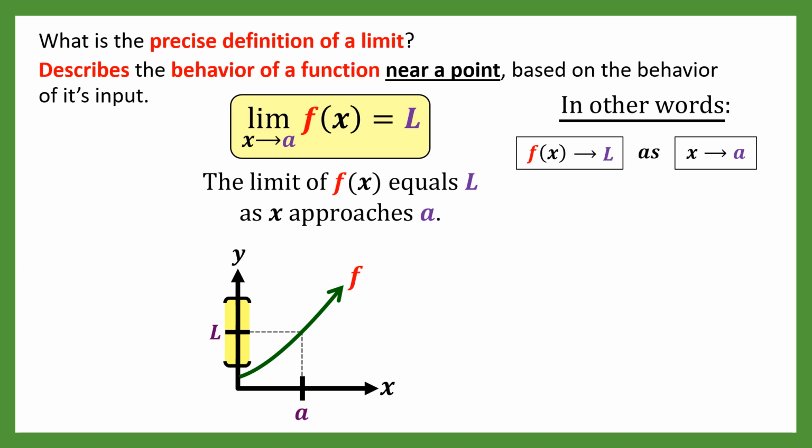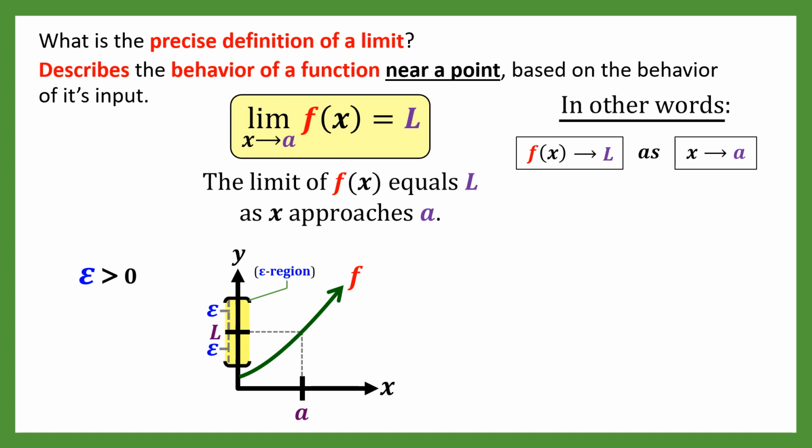To indicate the size of this region, let's use a positive value represented by the Greek letter epsilon. And let's require L to be the center of this region. This means we can use epsilon as the distance from L to the boundary of the region on both sides of L. Let's refer to this region as the epsilon region.